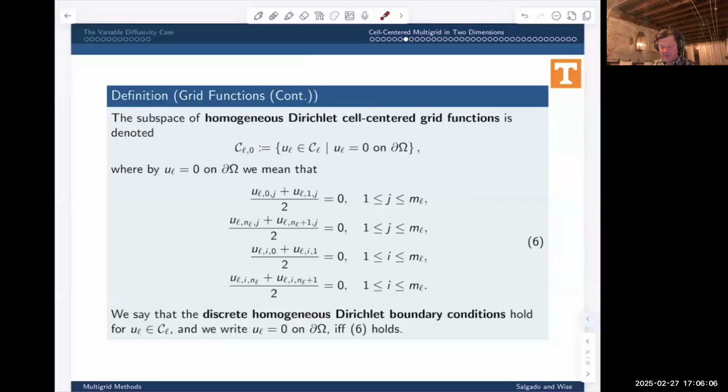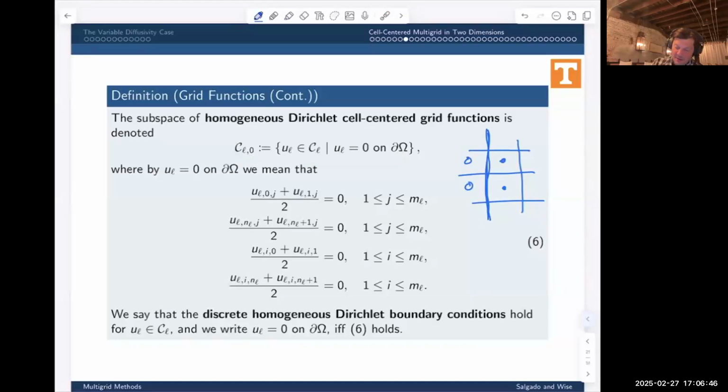The subspace of homogeneous Dirichlet cell-centered grid functions is denoted this way. Okay, it's a set of all cell-centered grid functions that are 0 on the boundary. And what do we mean by 0 on the boundary? 0 on the boundary means that the averages across the boundary points are all equal to 0. So for example, if this is my mesh, and I have a cell center point here, and this is the boundary, then I have a ghost cell here, right?